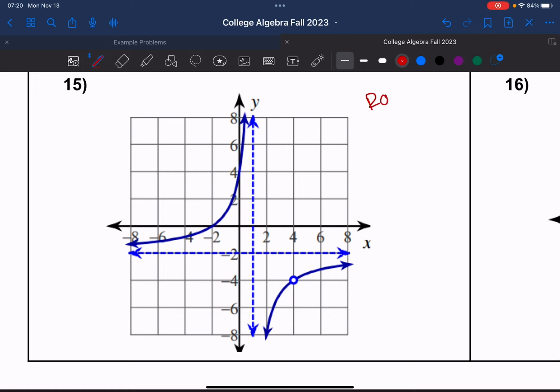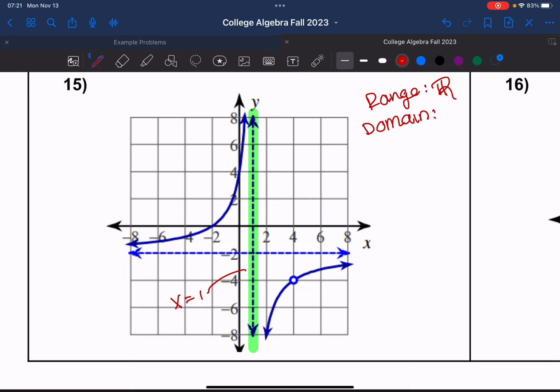Because we already know that the range is all real numbers. What number is our restriction? 1.